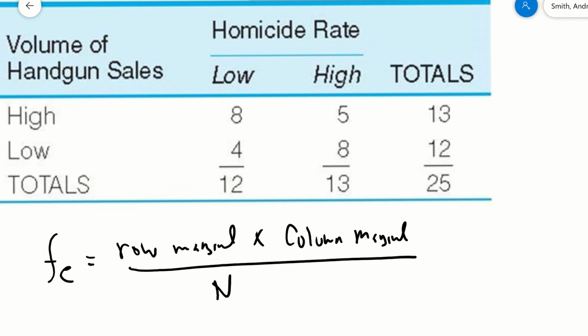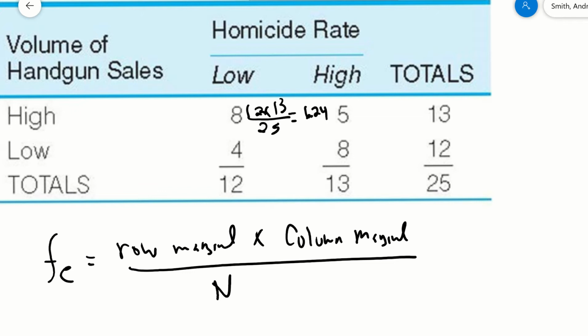So we have to find the F expected for each one of these, right? So for the 8, it is simply 12 times 13 divided by 25. So if we put it up here, 12 times 13 divided by 25, and that would give us 6.24, right?